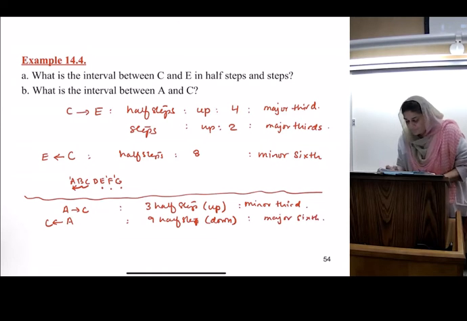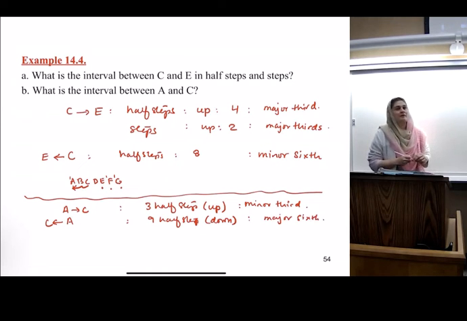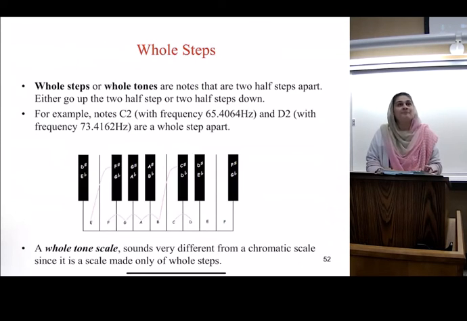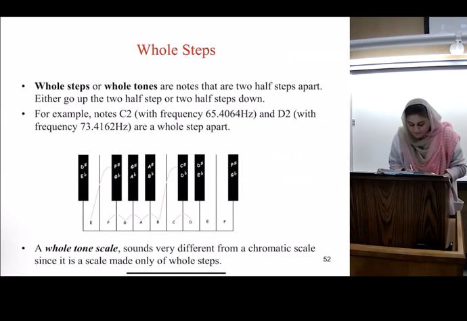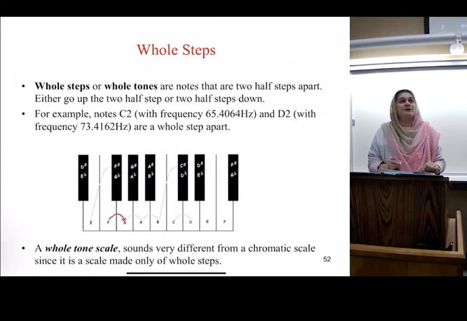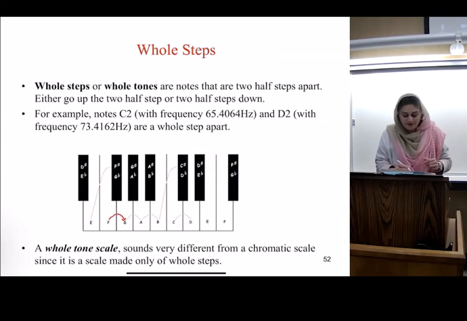Think about it this way, that gives you the hint. Going from F to G, look at what it would be. Will that be a whole step or a half step? Right? Because there is this in the middle.